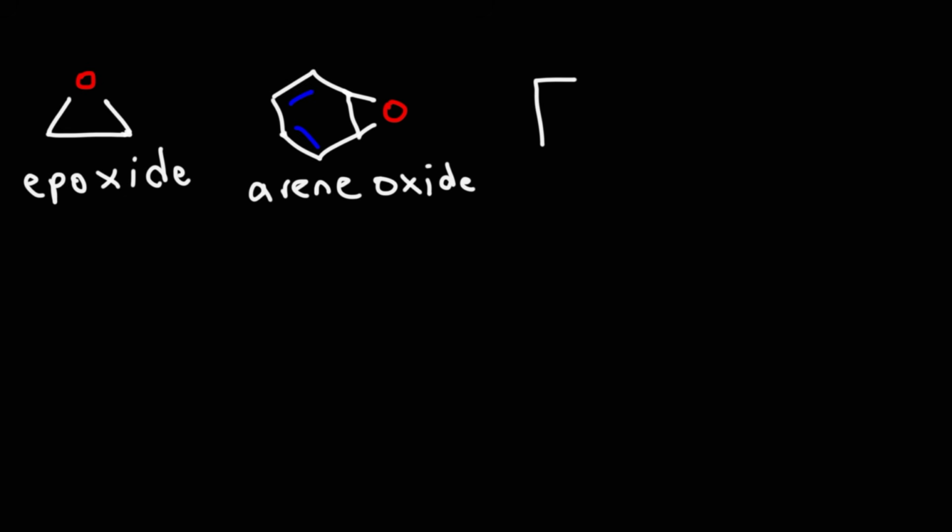Now, instead of a 3-atom ring, you can have an oxygen in a 4-atom ring, 3 carbons and 1 oxygen. If you see this, this is called oxetane. Now, sometimes you'll see 2 oxygen atoms in a ring.